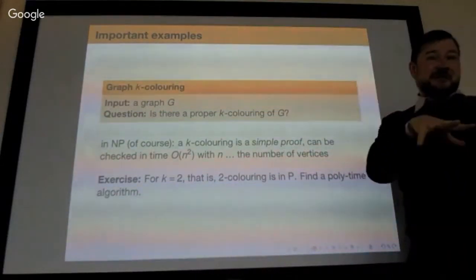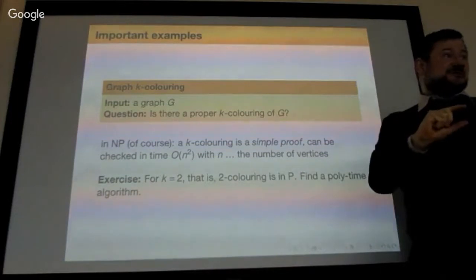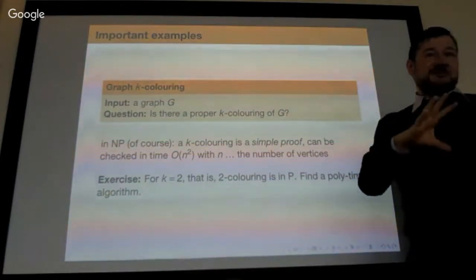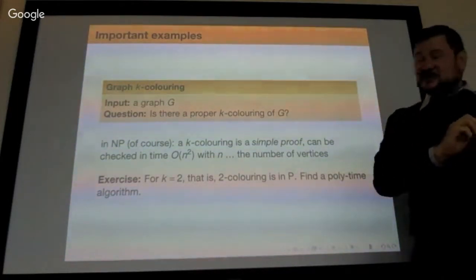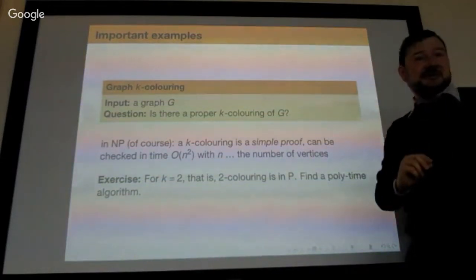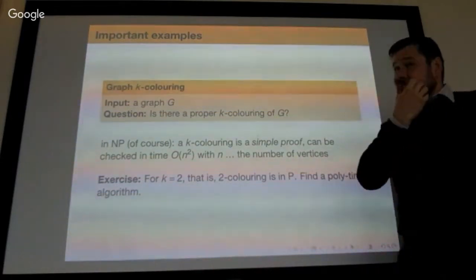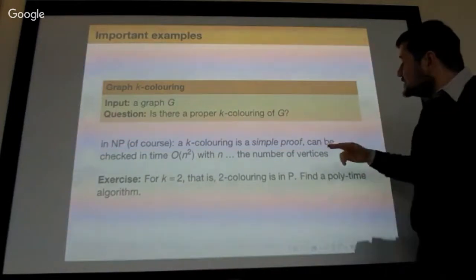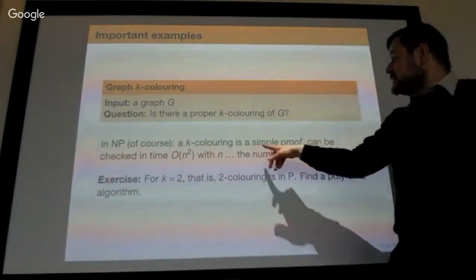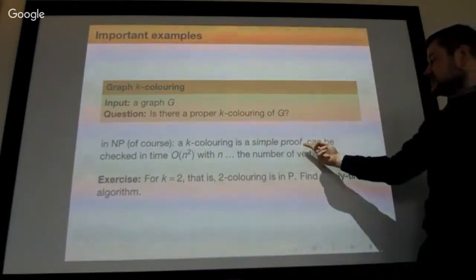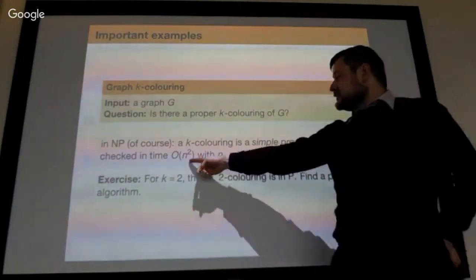If I give you the coloring, which is not much extra information in terms of volume, so it's polynomially matched because you only get one color per vertex. So the k-coloring gives you a simple polynomial size proof.